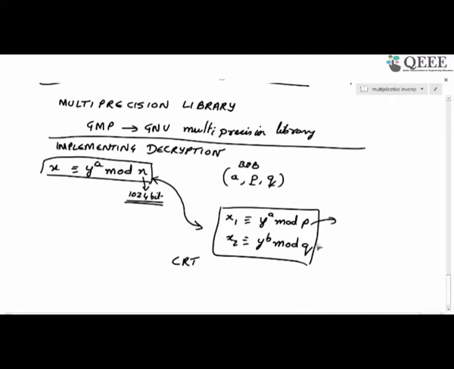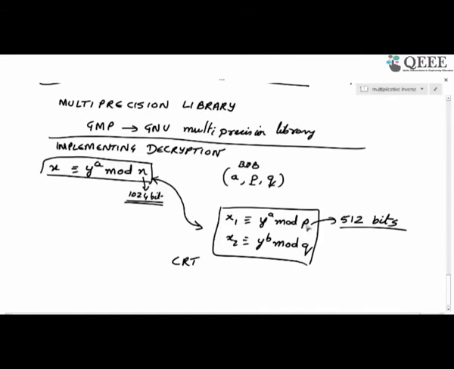So typically n is of the order of 1024 bits and p and q are of the order of 512 bits, and therefore the size of the arithmetic, the size of the multiplications, the size of the square operations and so on that we are doing to compute each of these cases is done on numbers which are half as long as when you're doing it in the modular n case.